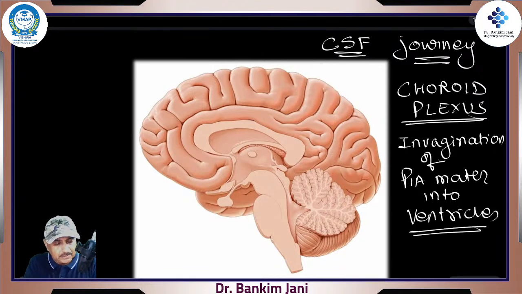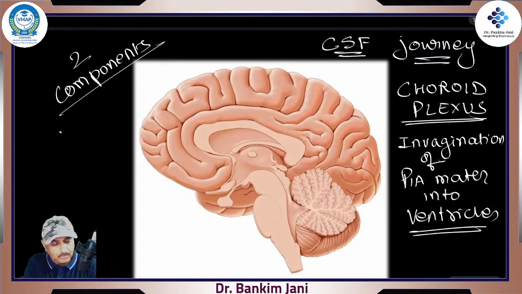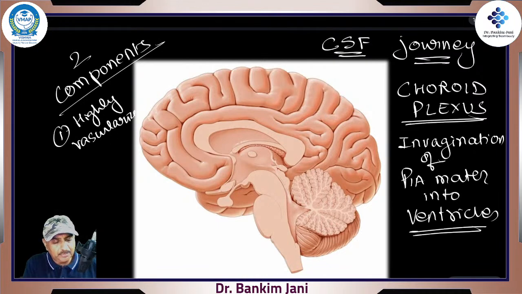Two components of choroid plexus. One, highly vascularized pia mater, and second, the choroid epithelium. Highly vascularized. Why should it be vascularized?